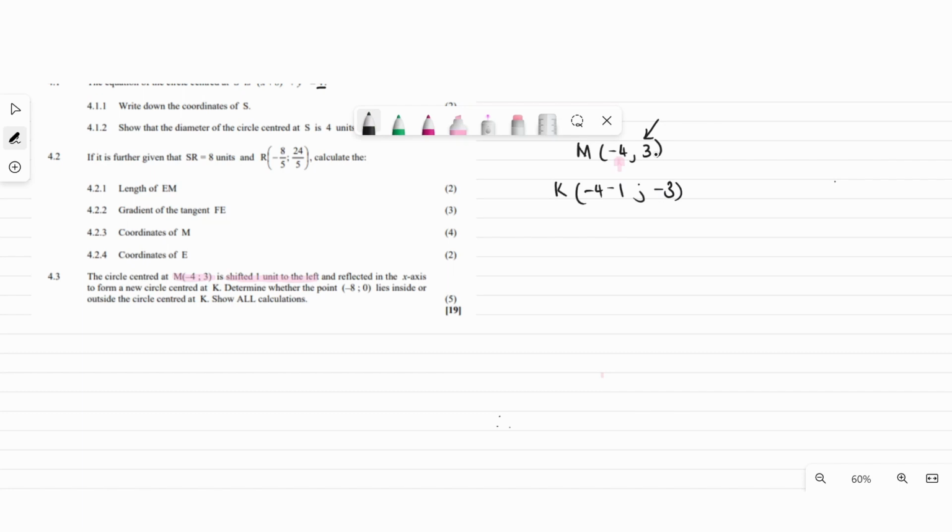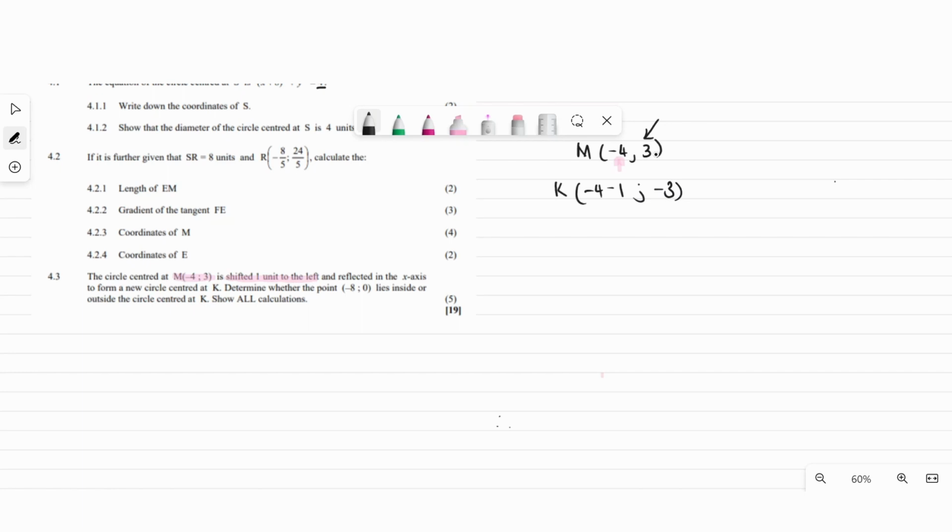So since it shifts to the left, it's going to affect x. Left and right affects x. That's why, since they said left, we added -1, because it shifted to the left, right? Then they tell us it reflects upon the x-axis, so it's going to affect y.